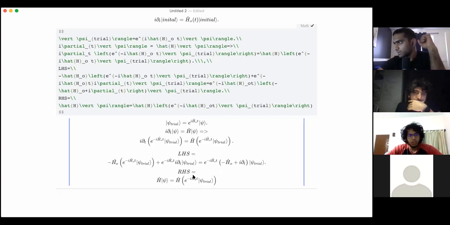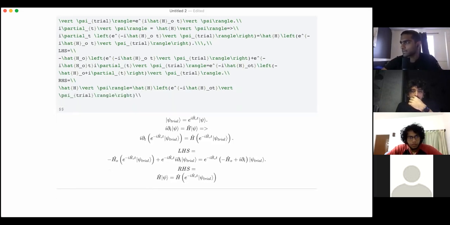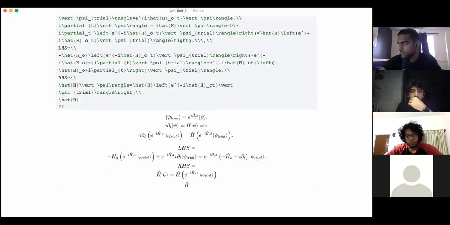So maybe we can cleverly play with inserting one. This is what normally helps. It's not to say that it'll really solve our problem, but it's something we can try. So how would we insert one? What's the convenient one to insert at this stage?